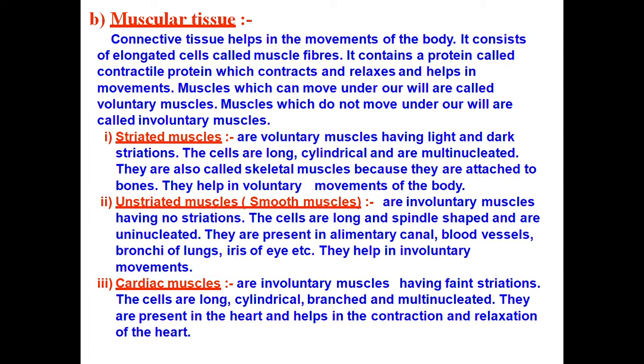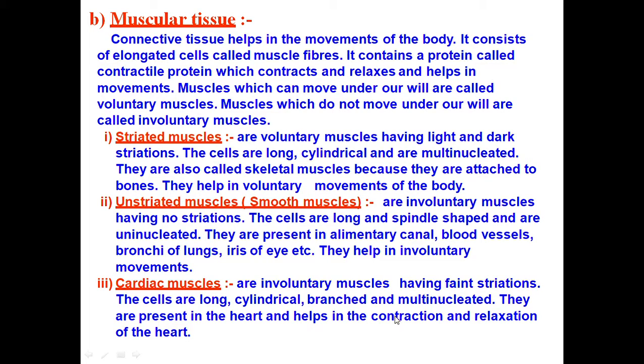Then the third type, the cardiac muscles. They are involuntary muscles. They have faint striations. Bands are present, but they are very faint. Cells are long, cylindrical, branched and multinucleated. They have branches and more than one nucleus is present in them. They are present in the heart and help in the contraction and relaxation of the heart.